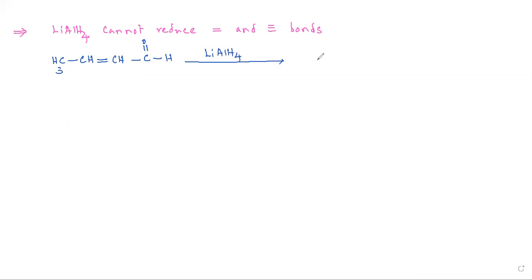In this case, the product that you get is this. The aldehyde has got reduced into alcohol, but see, the double bond is left as such. It is not been reduced, whereas this one got reduced. The aldehyde is reduced into alcohol, but the double bond remained as such.